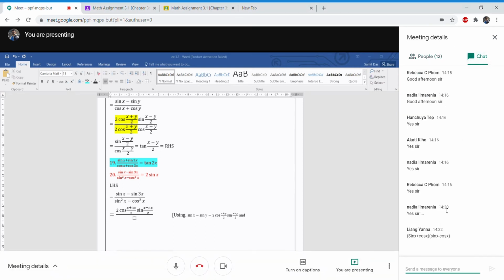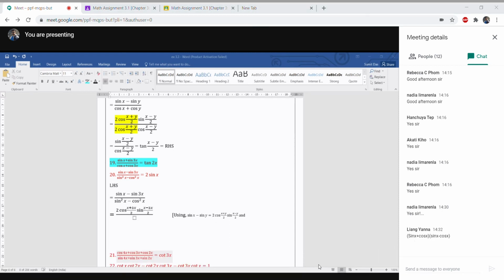Any suggestion? I could use (a plus b) whole square, but here I will not use that formula.